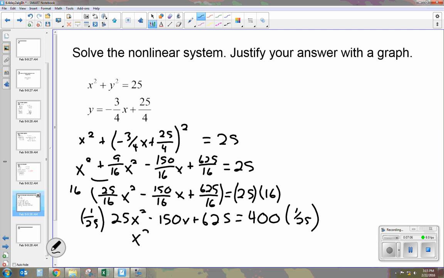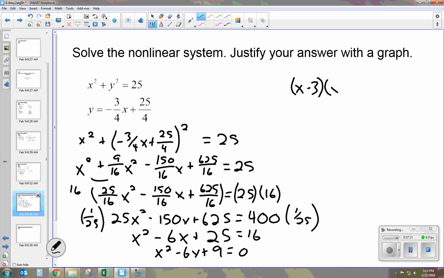Then we're just left with x squared minus 6x plus 25 equals 16. If we move our 16 over, we have x squared minus 6x plus 9 equals 0. This factors into x minus 3 times x minus 3. So we know x equals 3. When we plug that back in, we get the point 3, 4.